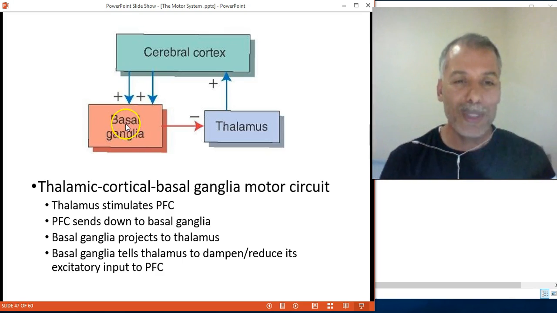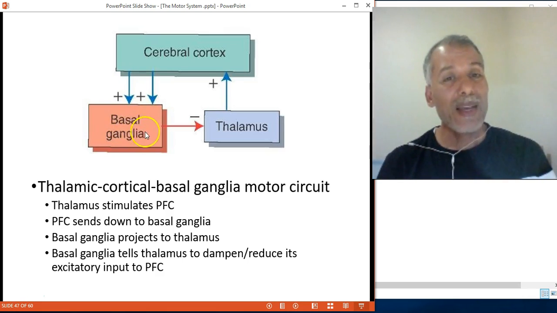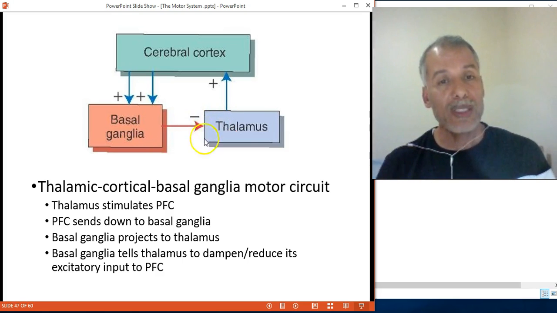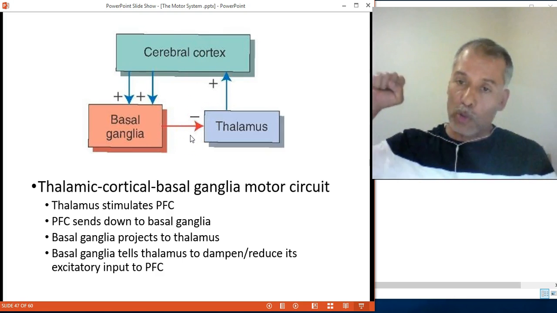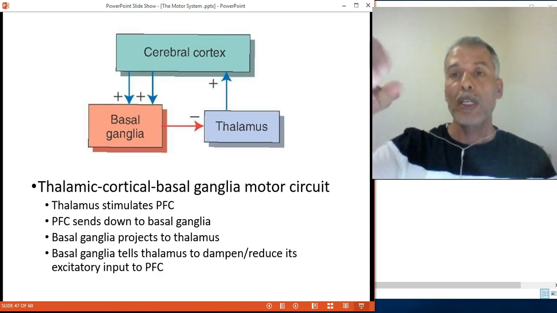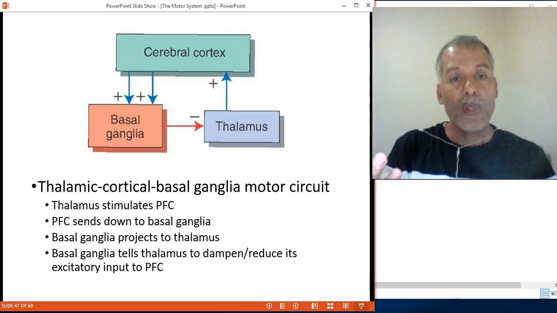Tell me what to do about this, maybe reduce these signals. And the basal ganglia say, okay, thalamus, reduce the signals that you are sending to the cerebral cortex. So this way, instead of putting so much force into the movement, you decrease the movement, make it more attenuated.